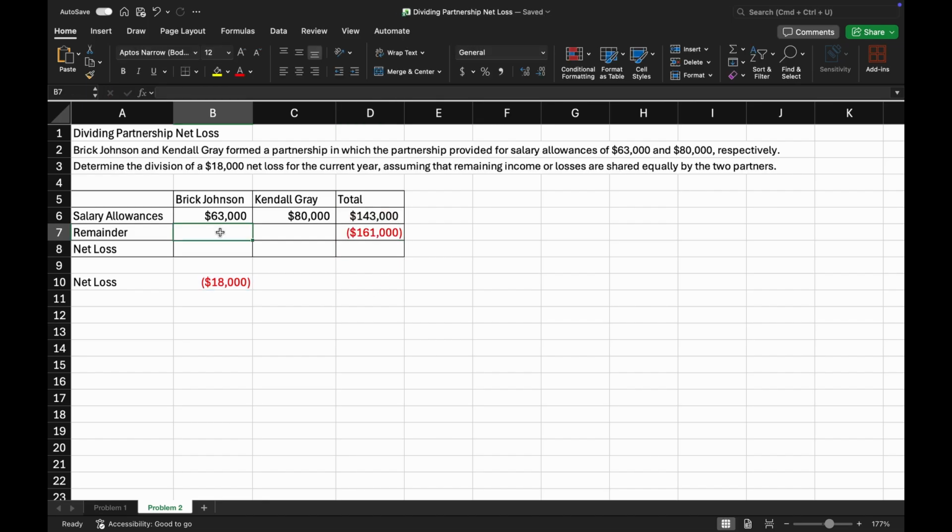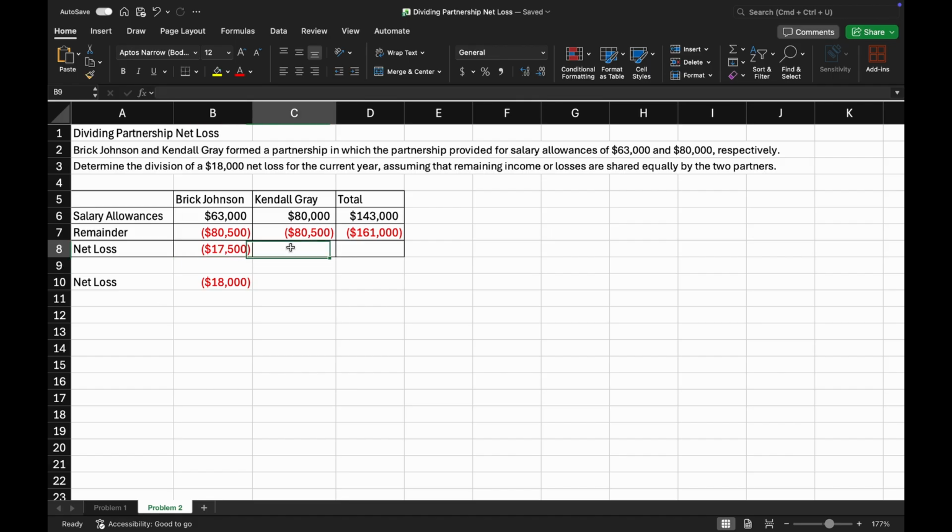We then need to divide this total loss equally, so negative $161,000 divided by 2 comes out to negative $80,500 for Brick Johnson and negative $80,500 for Kendall Gray.